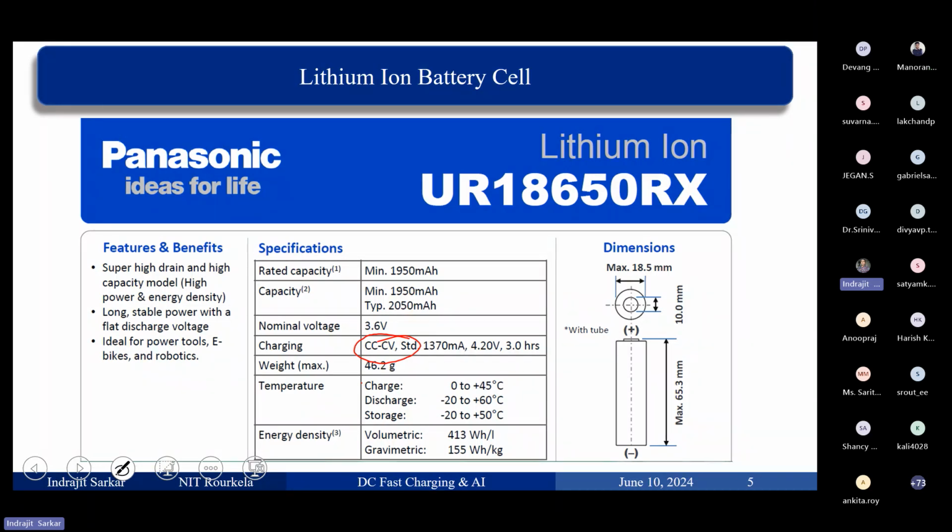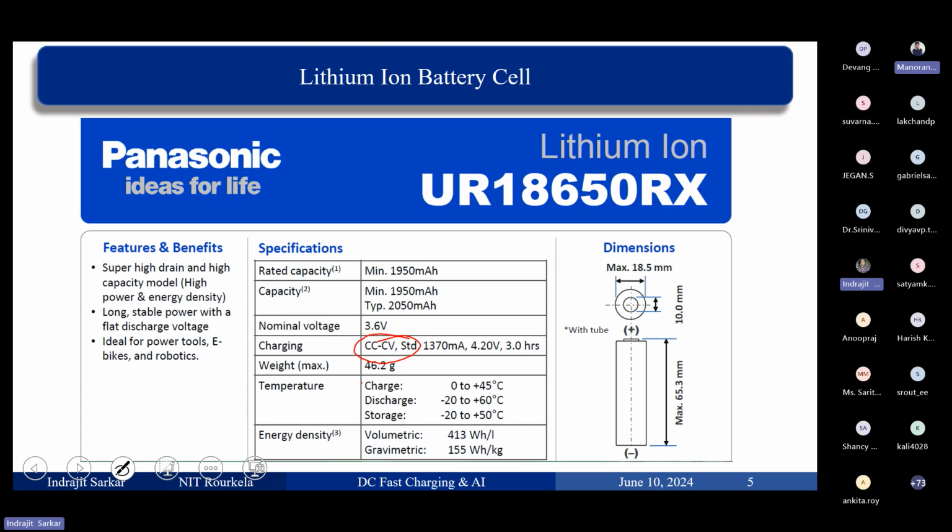The same technique is used in battery charging, CC and CV, constant current and constant voltage. Initially we charge at constant current, keeping the current constant up to let's say 80% SOC. SOC means state of charge of the battery. When 80% SOC is reached, it moves into constant voltage.